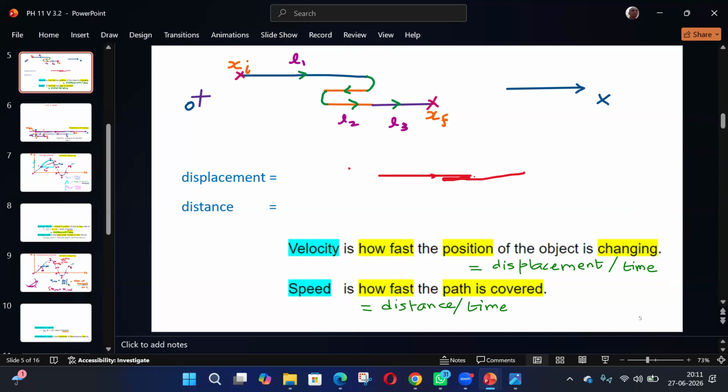But if I draw it too close, it's difficult to see, right? So that's why I've given this gap. This gap is not real. This whole bend thing is happening in one single line, but if I draw it too close, it's not clear to explain. So that's why I've shown a gap here.